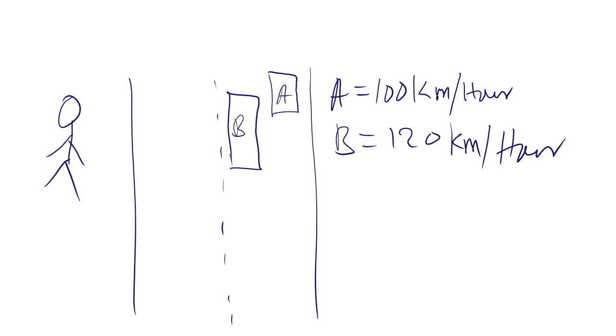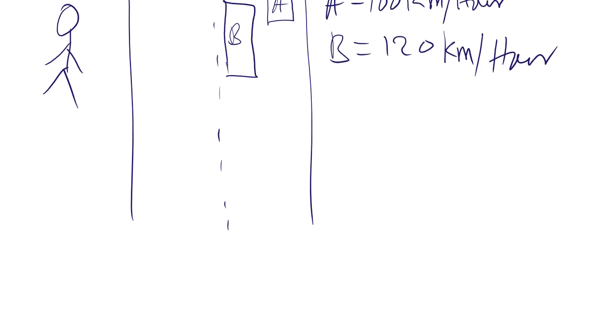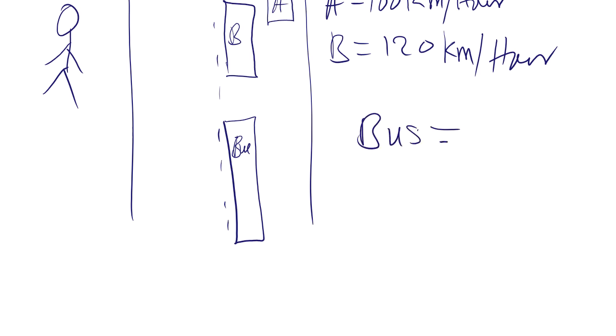So this is a simple analogy that will help you to understand. The analogy is when you are in a very long bus, and this bus is moving at 50 kilometers per hour.